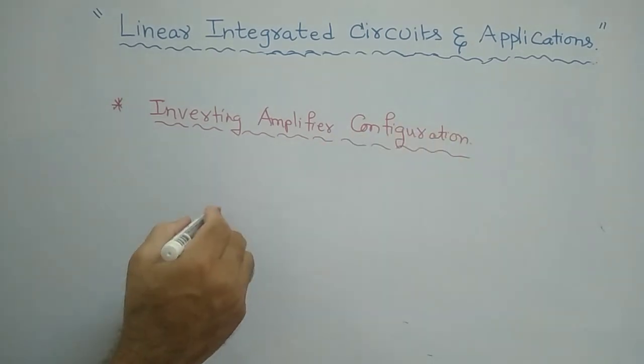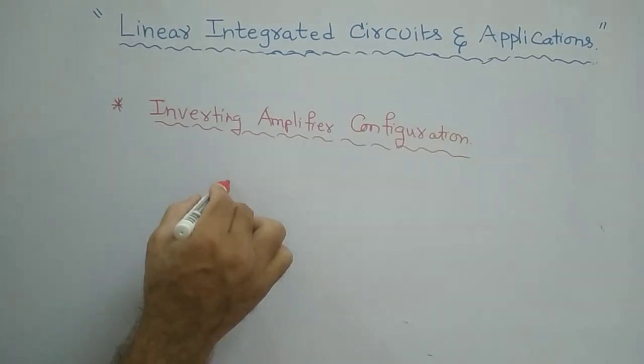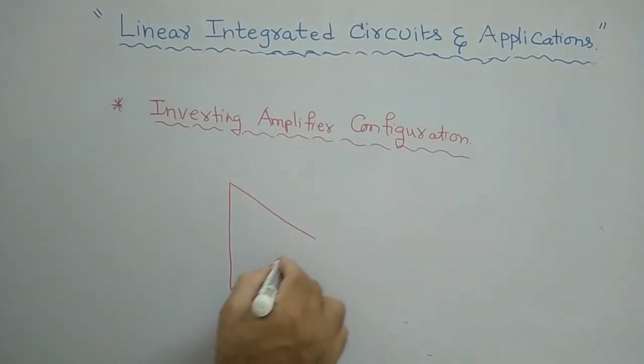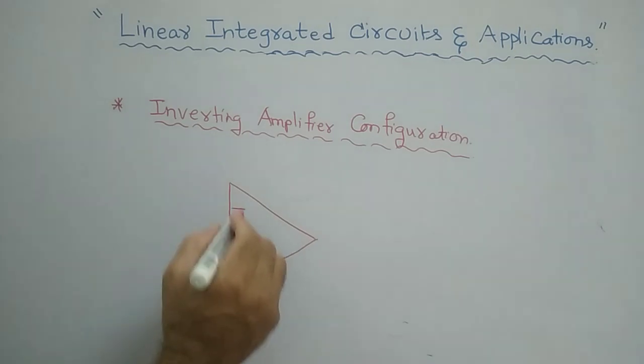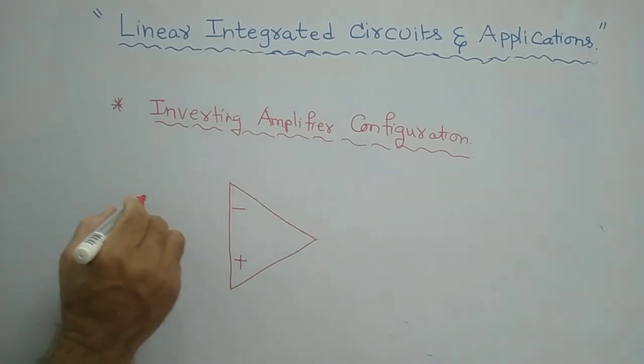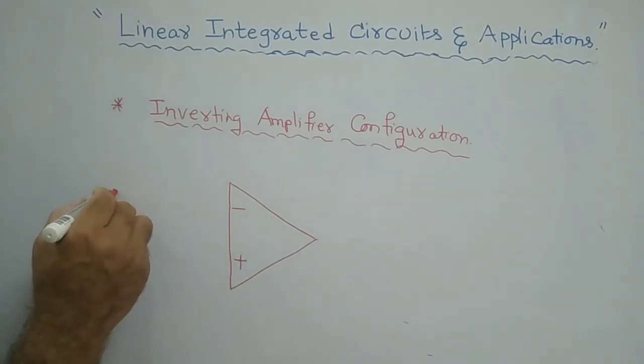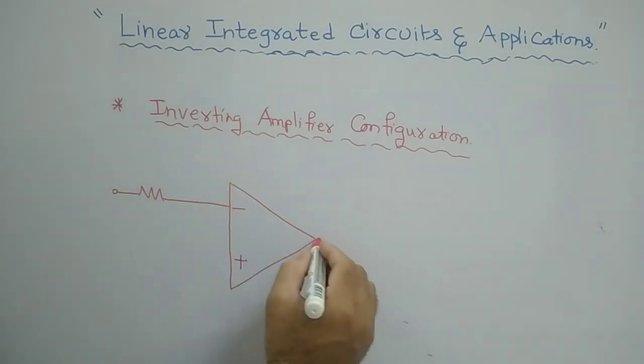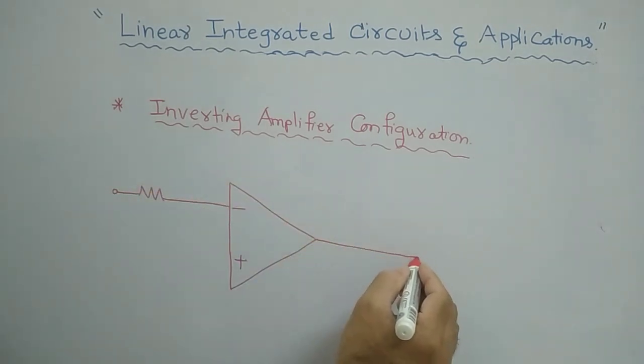Let us roughly see the diagram. This is minus, this is plus, as I already told you. Just see the diagram how I am drawing it, and afterwards I will explain.